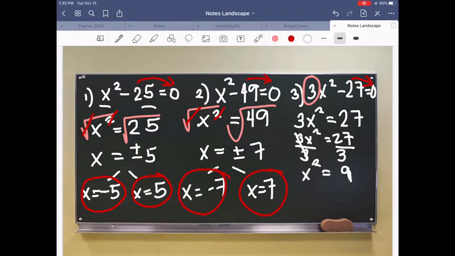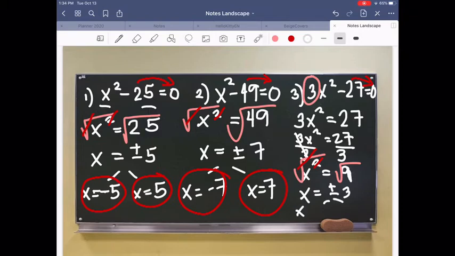Okay. So, pareho na ng form nun dun sa dalawa. Okay, so x squared equals 9. Again, we take the square root of both sides. Makakancel yung squared and square root. Okay, so ang mangyayari dito is x equals, what is the square root of 9? Okay, so the square root of 9 is actually positive or negative 3.